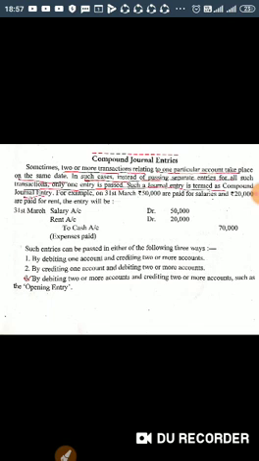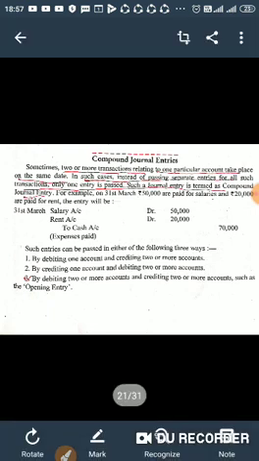So we can pass a compound journal entry or combined journal entry. Sometimes two or more transactions relating to one particular account take place on the same date. In such cases, instead of passing separate entries for all such transactions, only one entry is passed. Such a journal entry is termed a compound journal entry or combined journal entry.